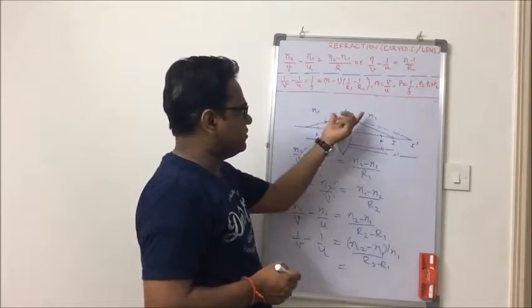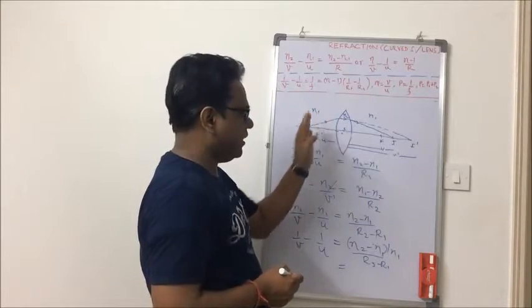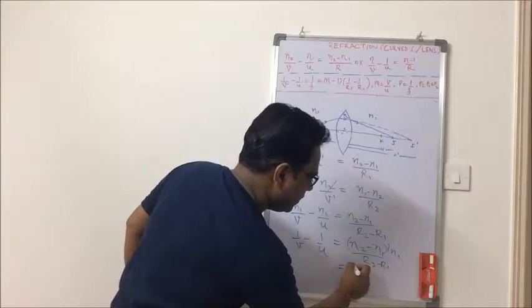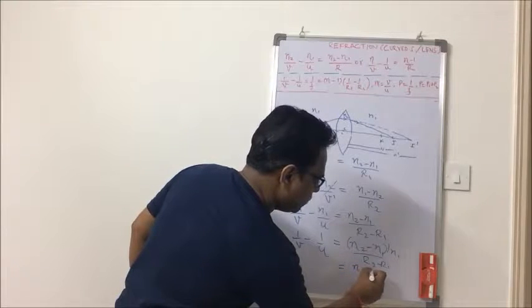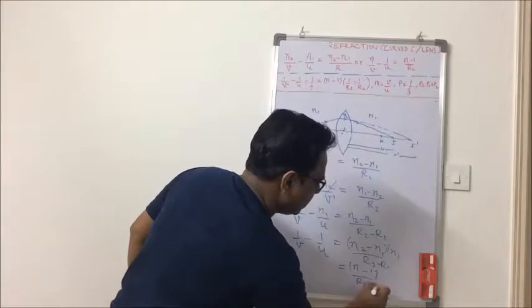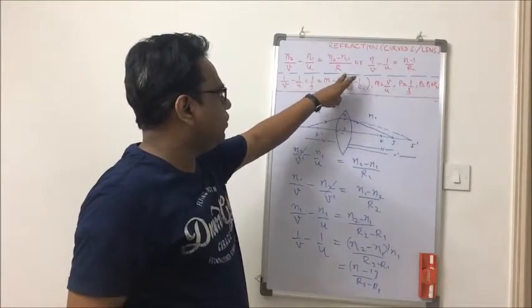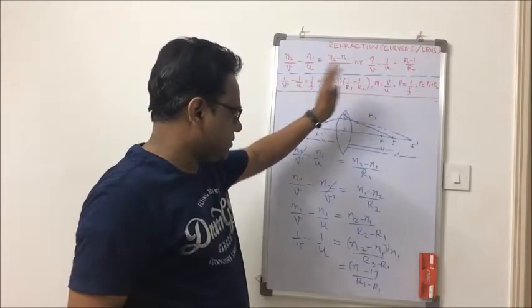If it is air, it is just N2 because N1 will be equal to 1. Let's say this is not air, then we will write here only N minus 1 times 1 by R1 minus 1 by R2. Okay, so we got the same formula.